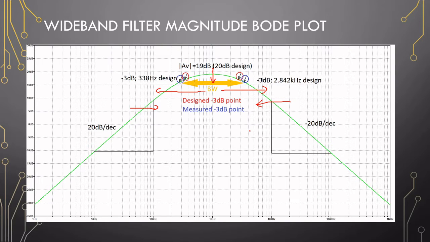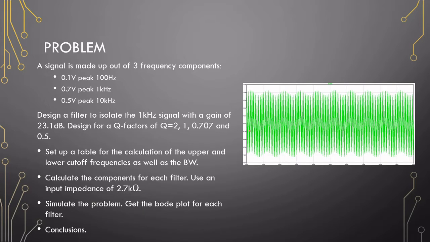In our problem, we are going to explore the Q factor and its effect. For the signal that we've been using, I want a filter with 23.1 decibel amplification, and I want a design for a Q of 2, 1, 0.707 and 0.5.